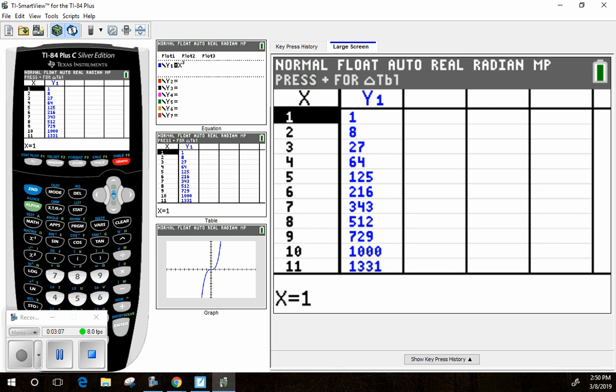The advantage to this table is that it's not only giving you a list of the perfect cubes, it's telling you what the cube root is, because the left-hand column is the x, what was cubed to get that output. That's your cube root. If 7 to the third power is 343, that means the cube root of 343 is 7. You have them nice side by side. You know what the perfect cube is and what the cube root is.